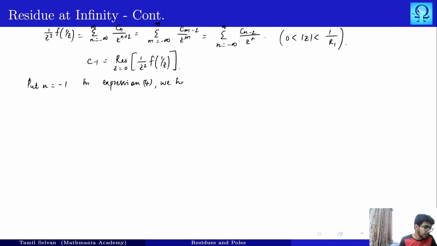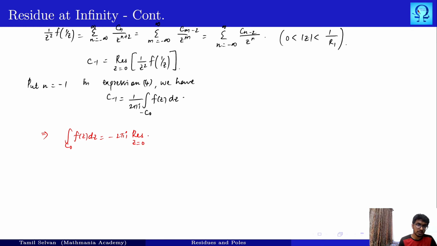We have c minus 1 equals 1 upon 2 pi i integral over c naught of f of z dz. So from this we write integral over c naught of f of z dz is minus 2 pi i times the residue at z equals 0 of the function 1 upon z squared f of 1 upon z.